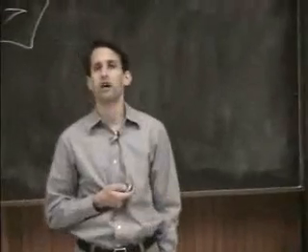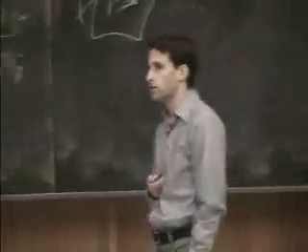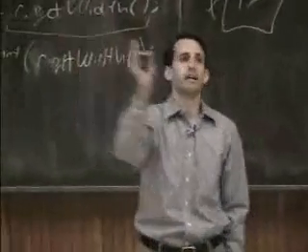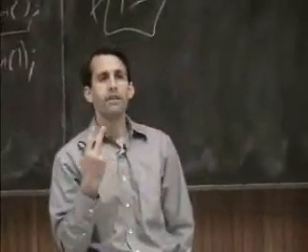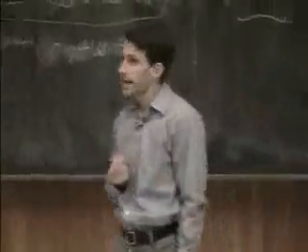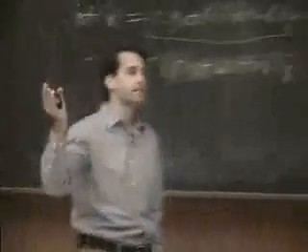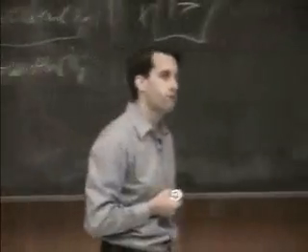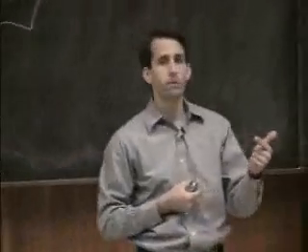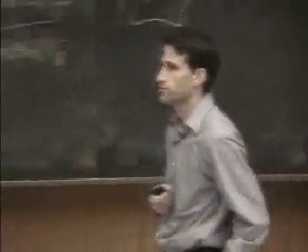You can overload constructors. Remember that when we created a rectangle, we could say Rectangle r equals new Rectangle(1, 2). We're giving it 2 integer parameters, and that sets the height and the width to 1 and 2. Or we could say Rectangle r equals new Rectangle(1, 2, 3, 4), and that's setting the height, width, x, and y to 1, 2, 3, 4.